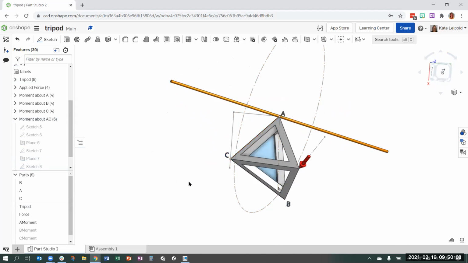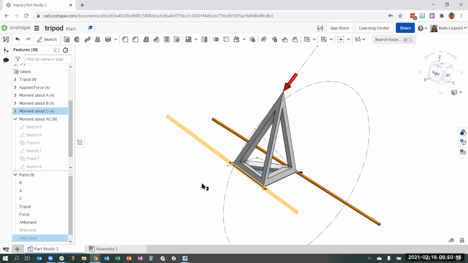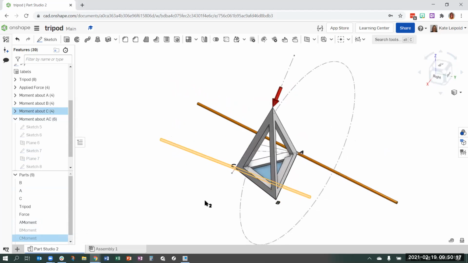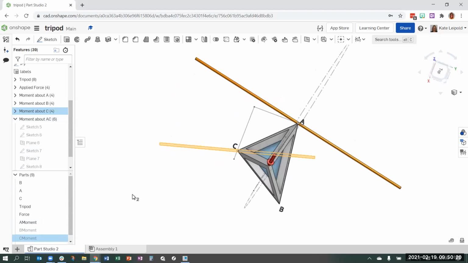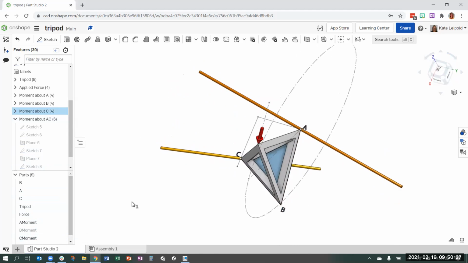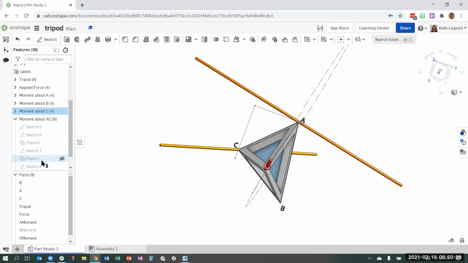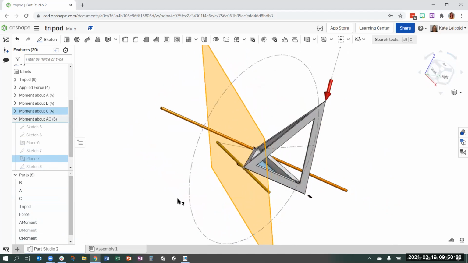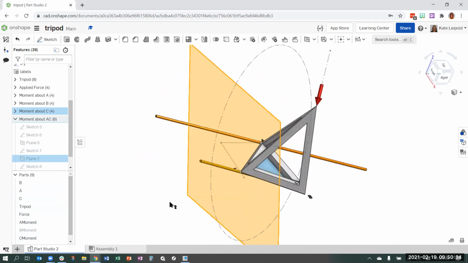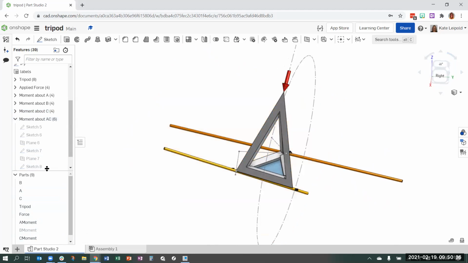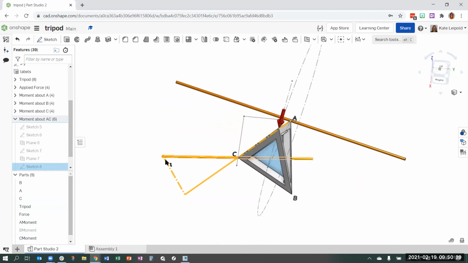So here's a really cool part though. Moment about C is also on that same edge. And there's the moment about C. It's at a different angle, it's got a different magnitude. But if I take that same moment about C, let me make that visible, and I project that onto AC, here's a plane that contains both AC and the moment about C, and I project it onto the edge AC.